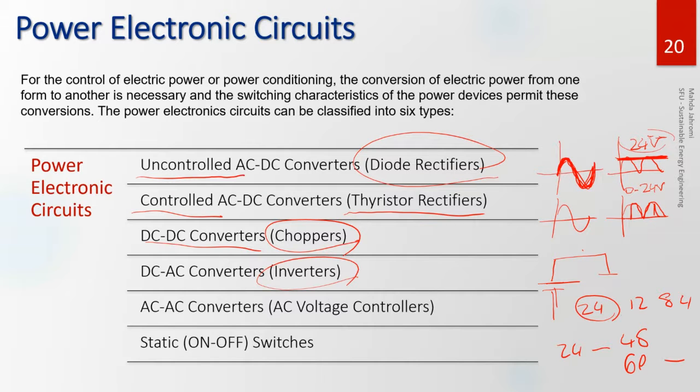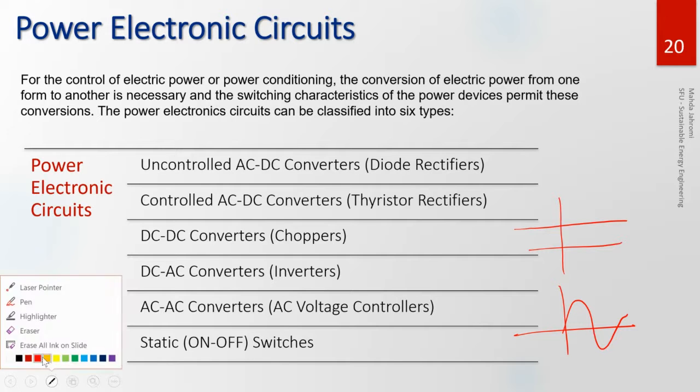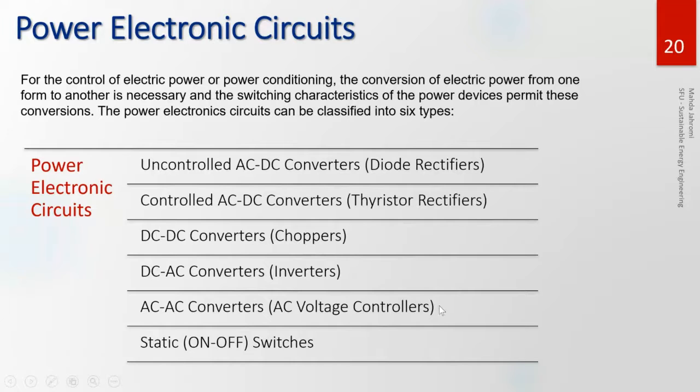And then inverters. So inverters are circuits that you give them a DC input, like a battery, and they give you an AC output. So DC-AC converters are called inverters.